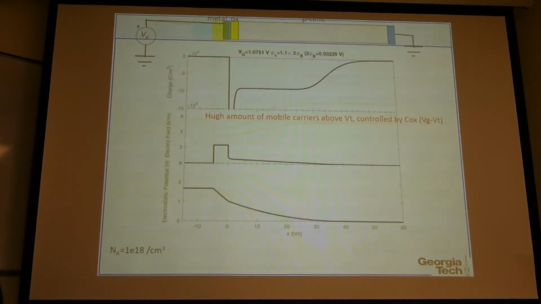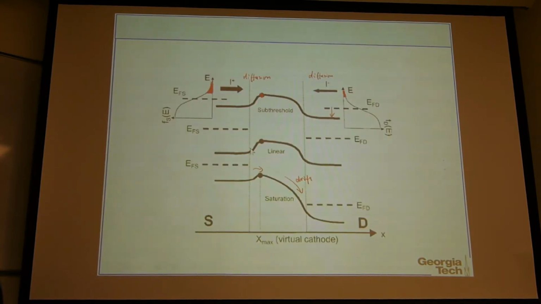So here we give some derivation of this subthreshold current. Essentially, the subthreshold current is due to the diffusion current of the electrons over this barrier top. The number of electrons that have energy higher than the top of the barrier decays exponentially when you increase the energy level.